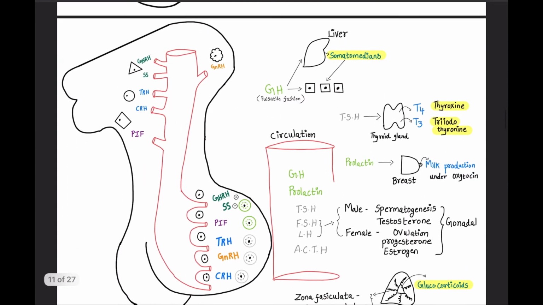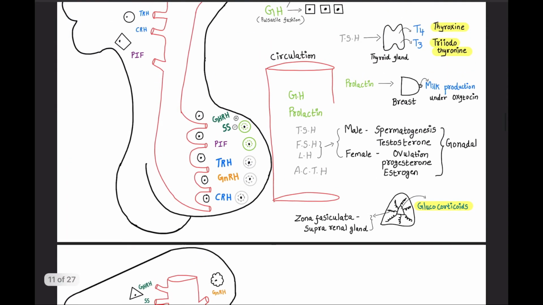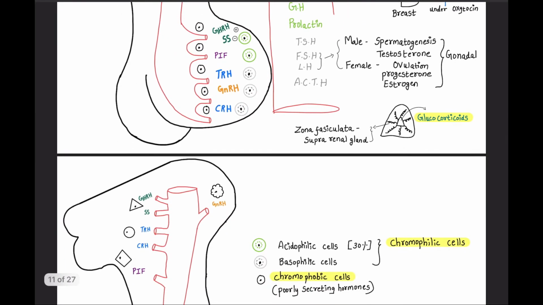Now, I have told you that there are matured and immature cells in the anterior pituitary gland. These matured cells are known as chromophilic cells. These immature cells are known as chromophobic cells.